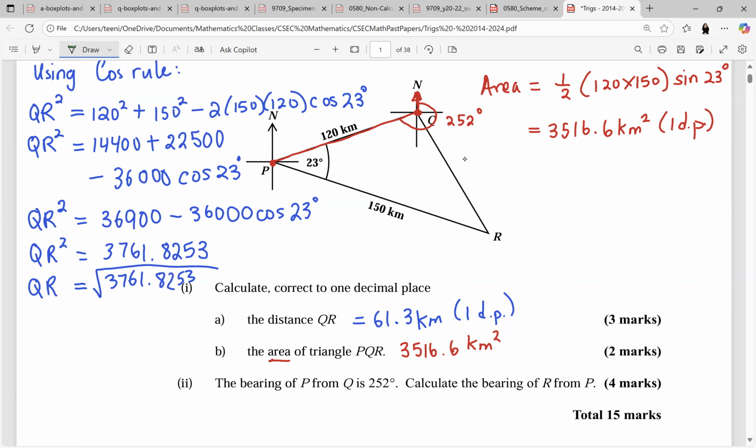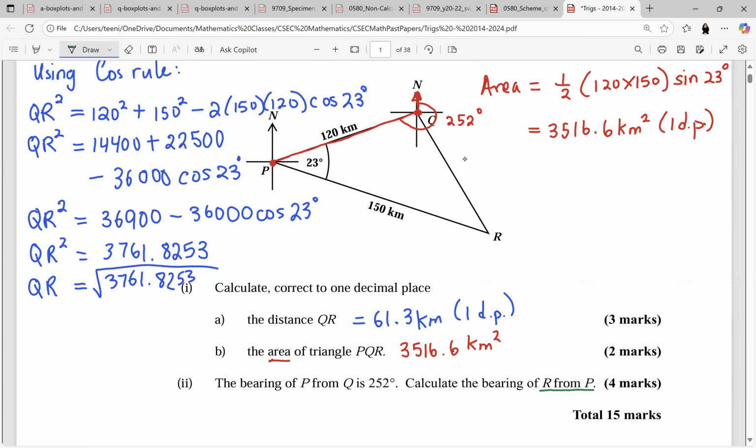Now they are asking us to find the bearing of R from P. If it's the bearing of R from P, where is your starting point? P, correct.